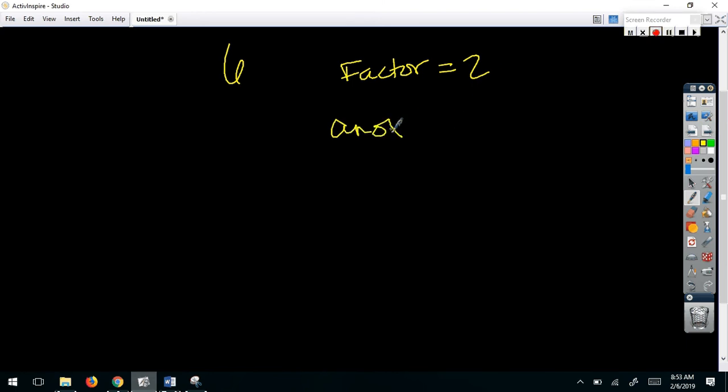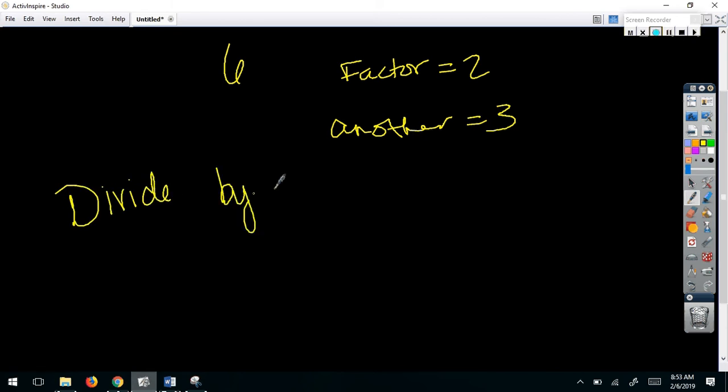If I gave you the number 6, and I said a factor of 6 is 2, could you give me another factor based on that? 3, right? Then you know if a factor is 2, then another one would be 3. How did you get that if you didn't already know? You divide. Do we agree? So would you agree that when you divide by a factor, you get another factor?